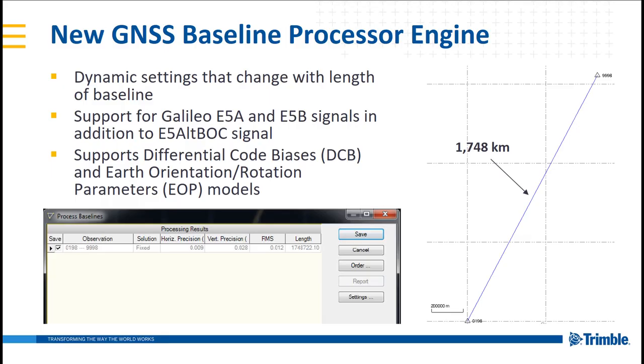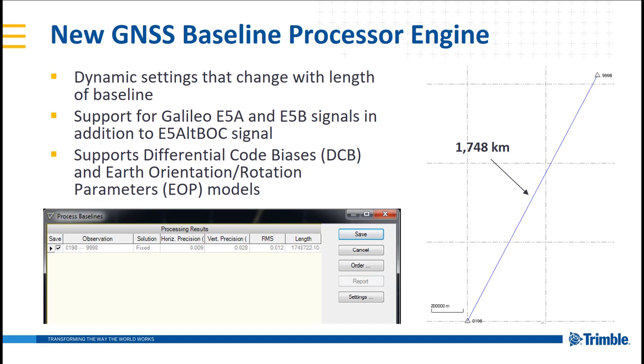Beginning with the confidence pillar, that new GNSS baseline processor engine. It doesn't really screenshot all that well, but the screenshot there on the right is over 1,700 kilometers long. The new baseline processor engine is all behind the scenes, so the user experience will not change, but there is a collection of dynamic settings that will change with the length of the baseline.